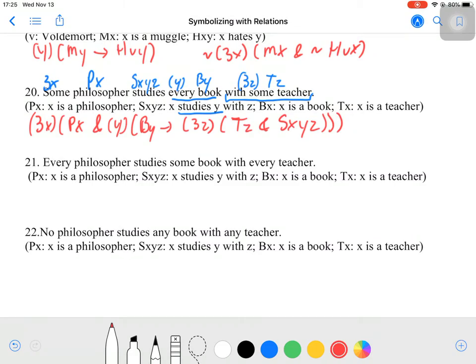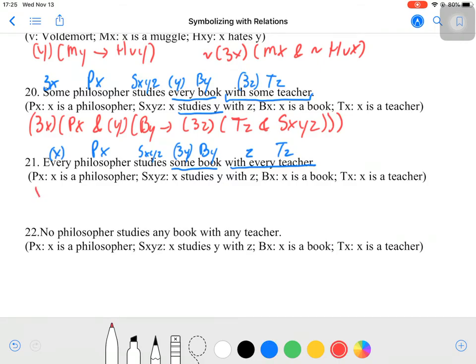Let's look at 21. Every philosopher studies some book with every teacher. Every philosopher, for all of x, if x is a philosopher, studies sxyz, some book, there exists some y such that y is a book, and with every teacher. So all of z, with z being a teacher.